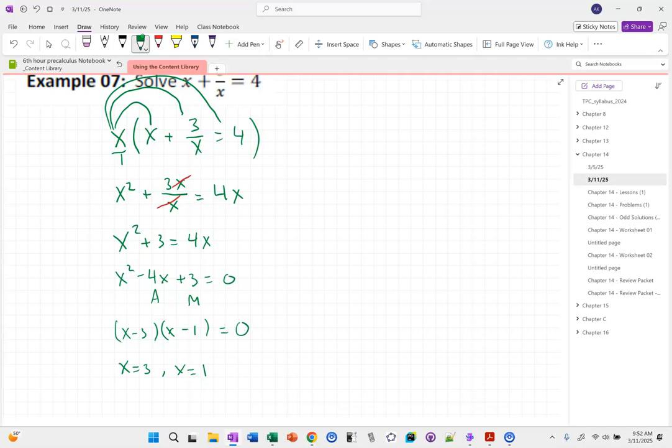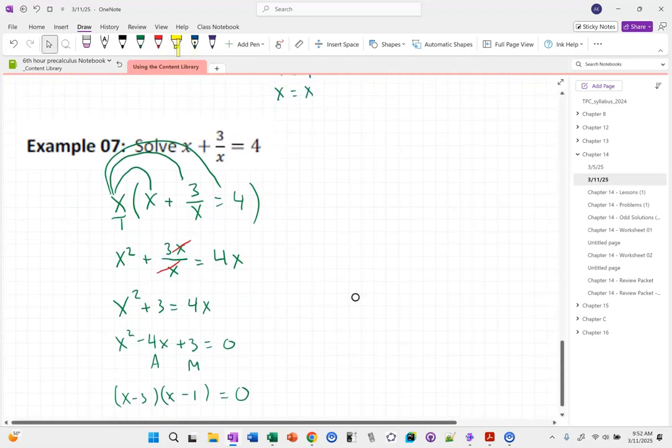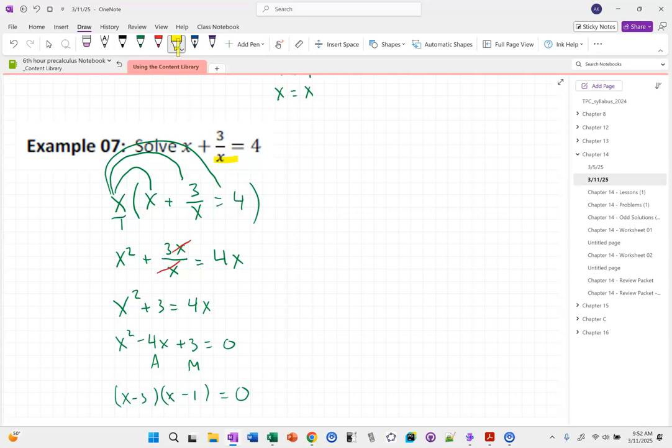What we need to do is check these values to make sure that the solutions 3 and -1 are not one of the values that might be missing from the domain of our rational function. Now, this is a very easy check to do. All we need to do is take our solution and plug it into each denominator in the original and see if I get 0. When I plug 3 into x, does that make 0?